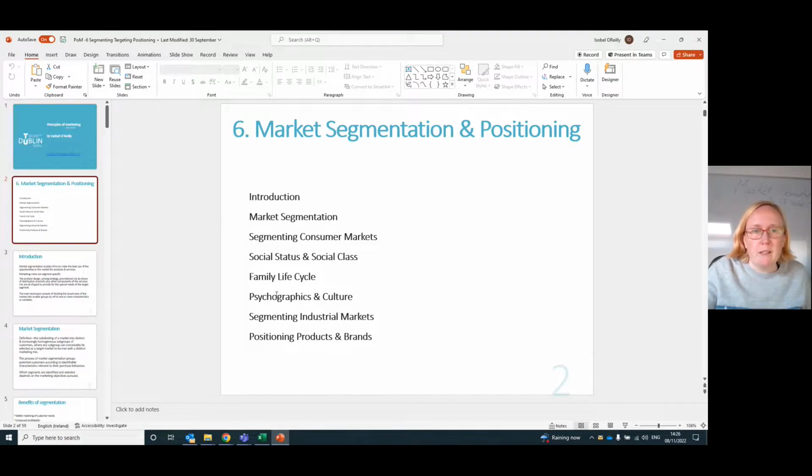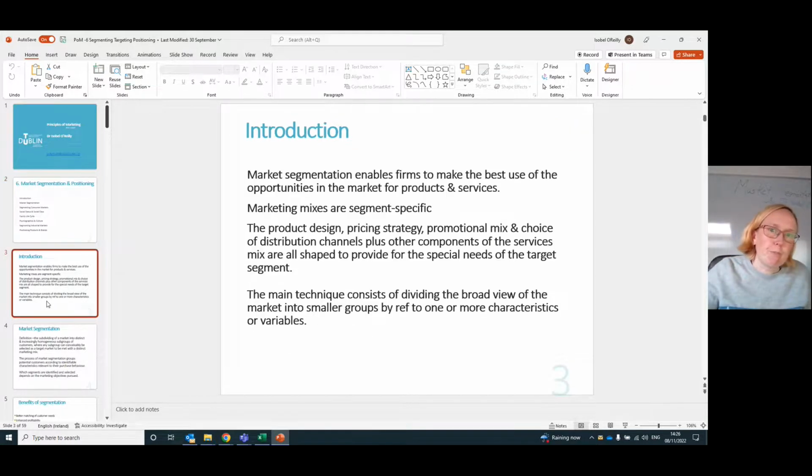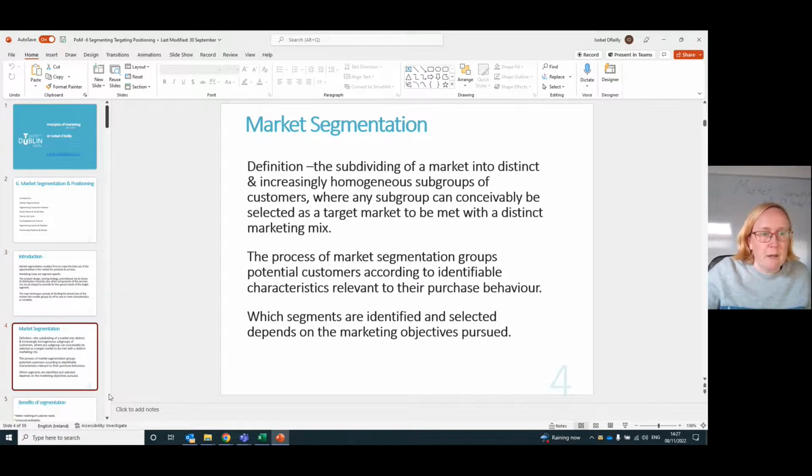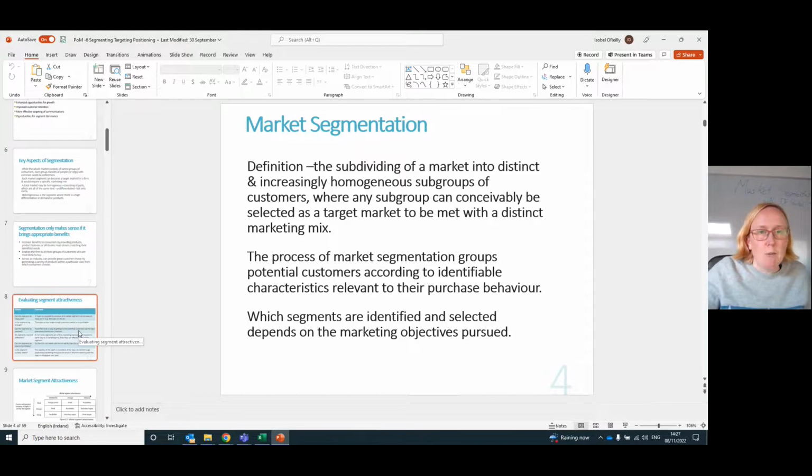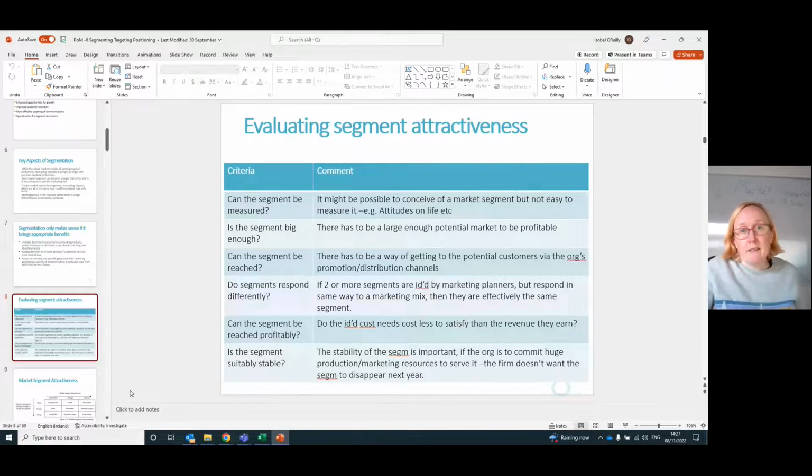So this is the list of topics we're going to cover for the module. We went down through introduction, definitions, benefits, and so on. We looked at evaluating segment attractiveness and the questions that need to be asked in formulating that decision process of which segment we should go for, and should we actually go for this segment or not.